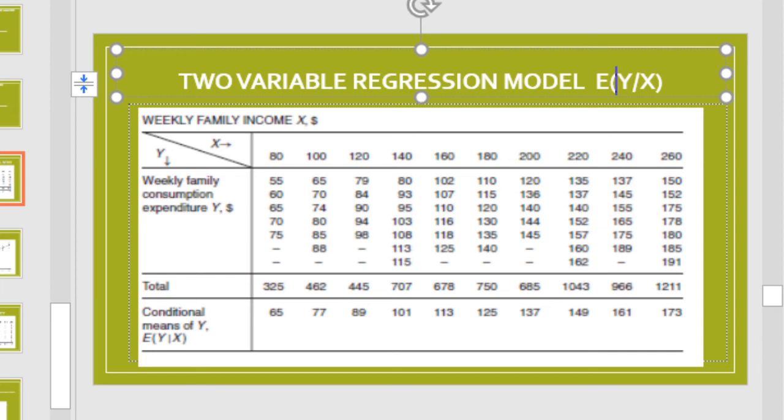In regression analysis we are estimating the conditional mean value of the dependent variable for a given xi. If the income level, or the independent variable, is known, what should be the average value of the dependent variable? Therefore it is the conditional mean value of the dependent variable rather than unconditional.